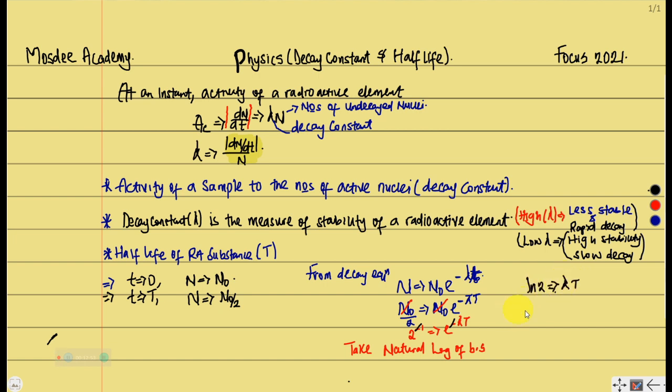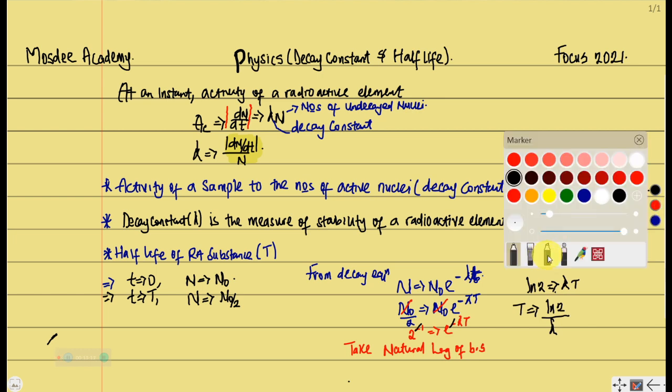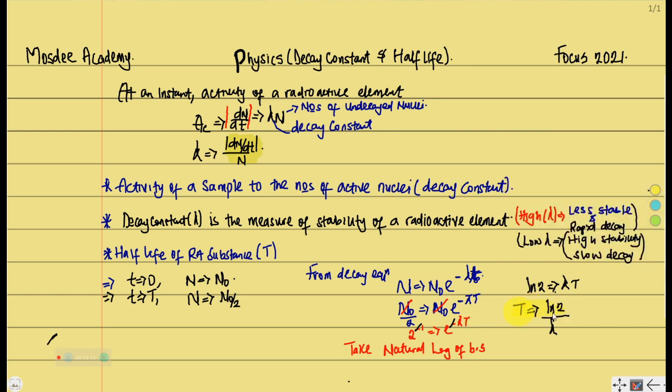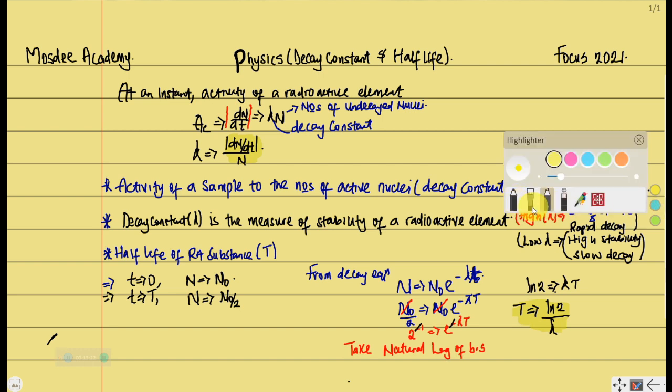From here, make capital T the subject of the relationship. So capital T, which is half-life, will now be natural log of 2 divided by the decay constant. This particular formula is what we use in physics to calculate the value of half-life of a radioactive element whenever the decay constant is given.